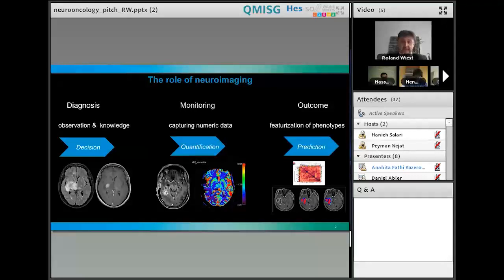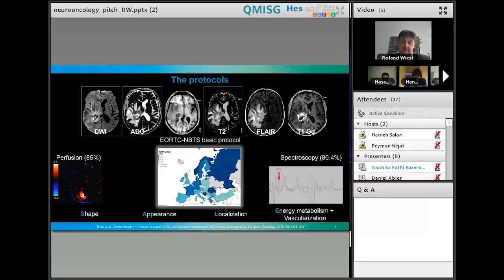That means, as we'll come to in the second part, that we would like to monitor these tumors longitudinally. Then, of course, and this will be part of the third discussion today, there is the prediction issue. That means we want to understand which phenotypes are represented by imaging classes. But if we go into a real-world scenario, in most parts of the world and also in Europe, I think these 6 sequences are the essentials. Normally you have T1, T2 FLAIR, T1 contrast, and DWI.